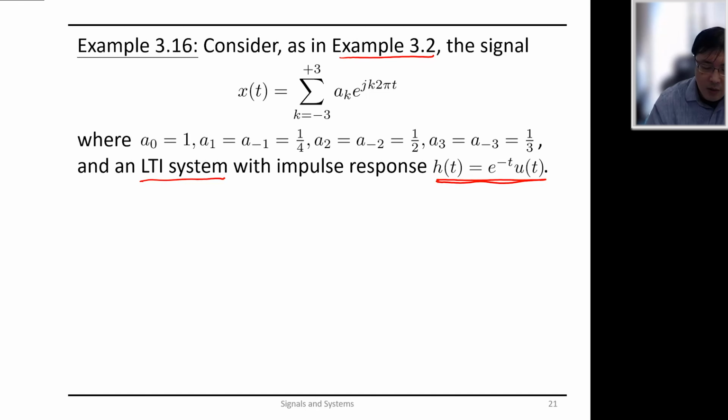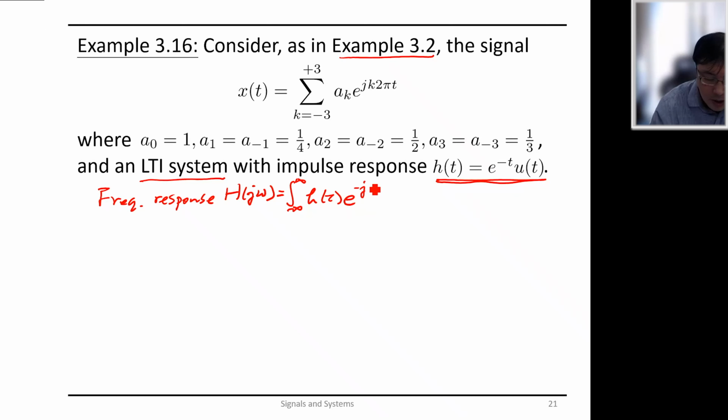So what we can do is first compute the frequency response of this system. For this system, we can compute the frequency response H of j omega as the integral of h of tau e to the minus j omega tau d tau. If I plug this in, I then have an integral from 0 to infinity of e to the minus tau e to the minus j omega tau d tau.